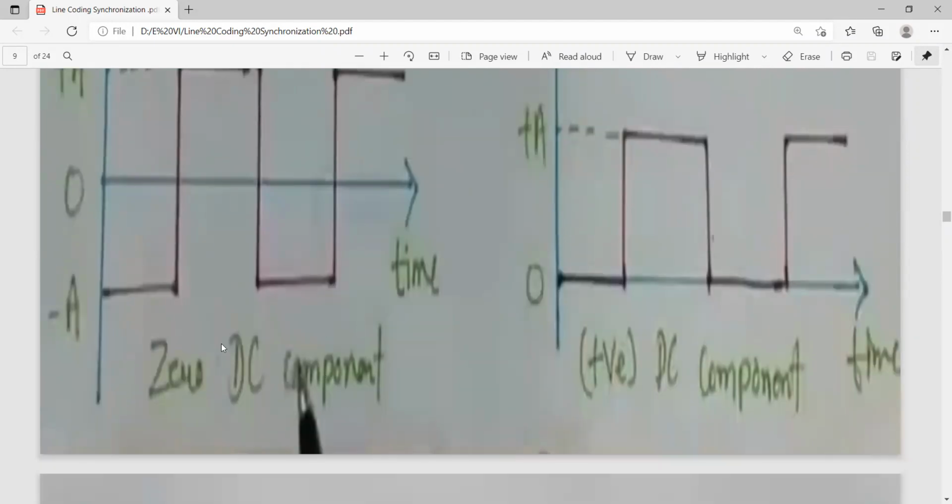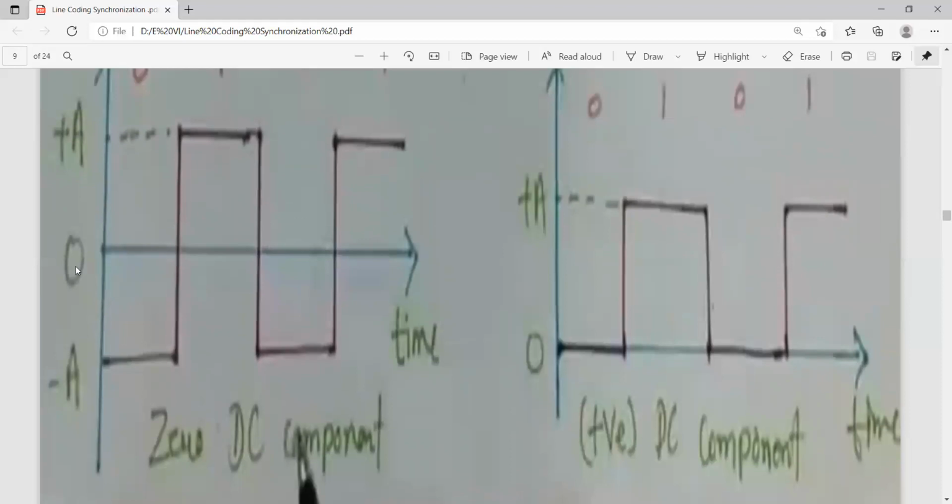So this is a zero DC component. This other signal has a zero level for some time, shifted to the positive, so it is plus and zero only, no negative.